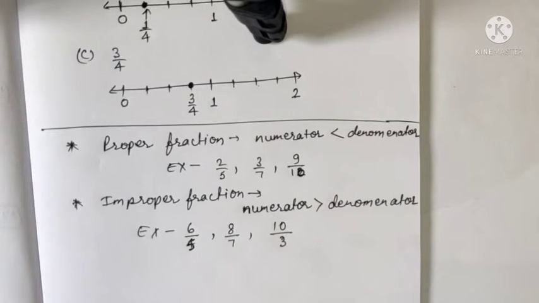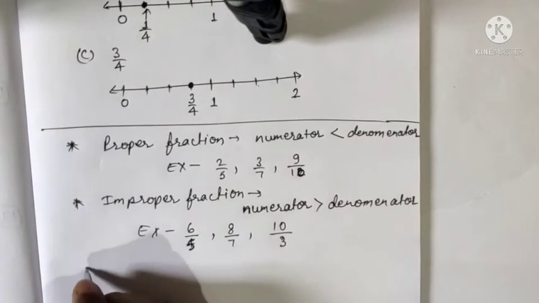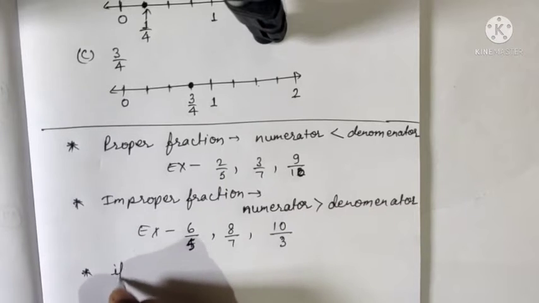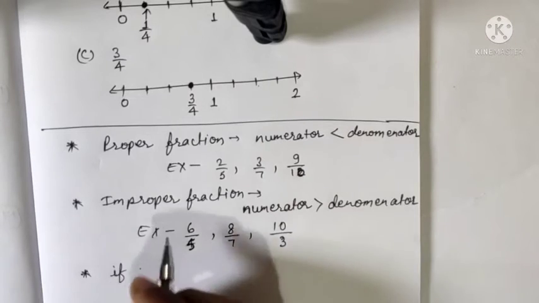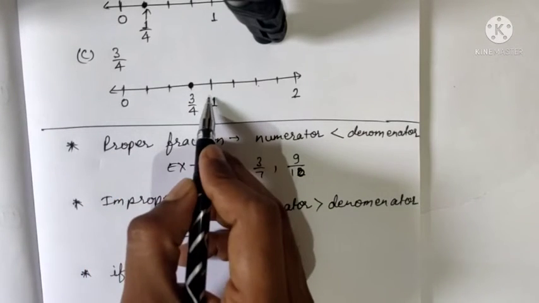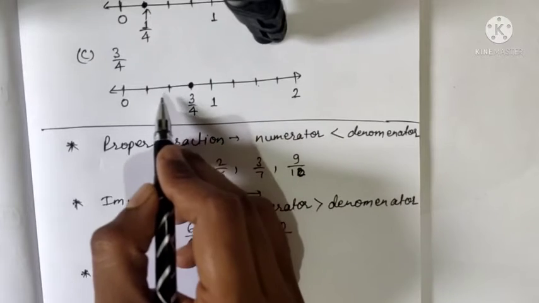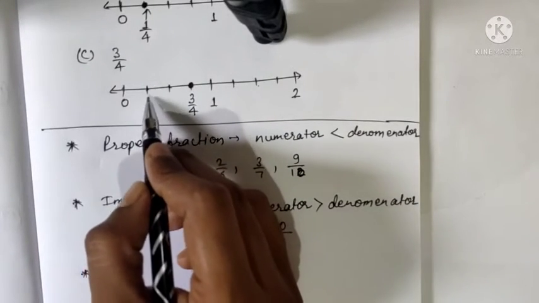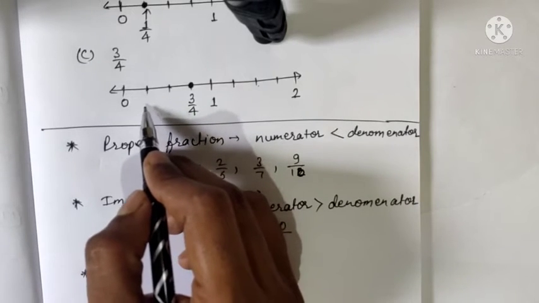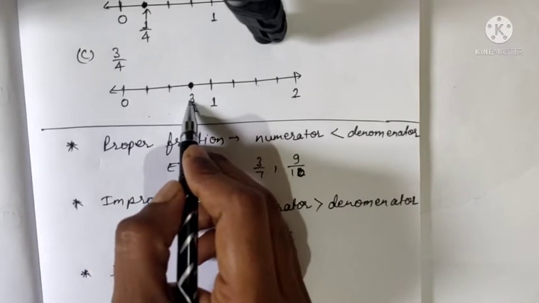And also just carefully observe the number line. If the numerator is less than the denominator, meaning it is a proper fraction, then the number lies between 0 and 1, because if you count here, it will be 1, 2 and 3, that is 1 by 4, 2 by 4, 3 by 4 and so on.